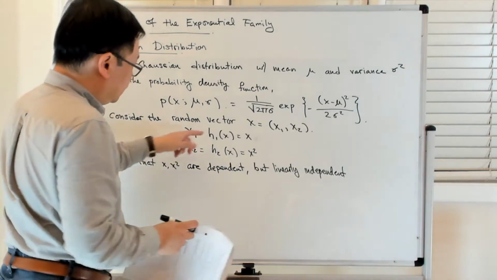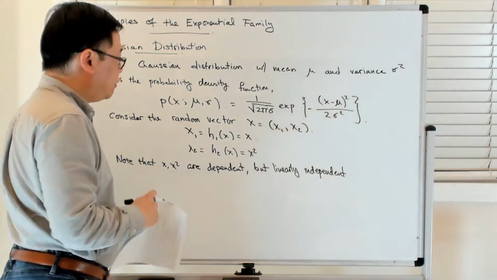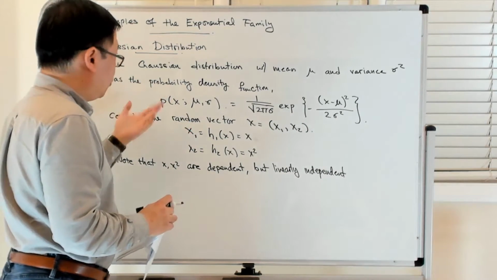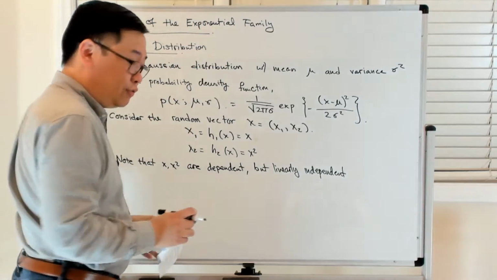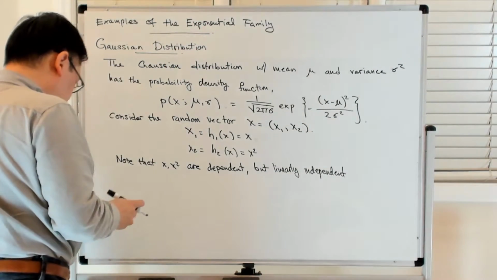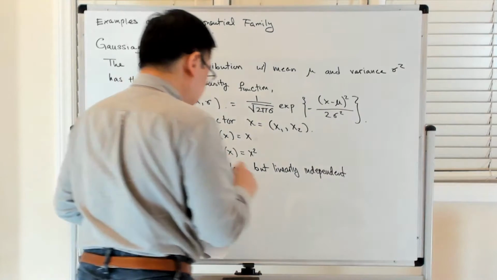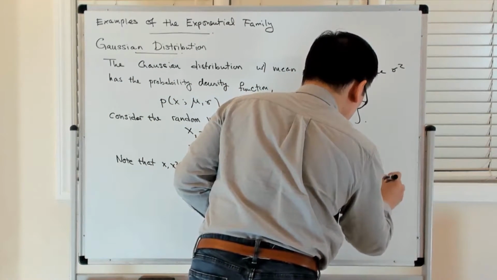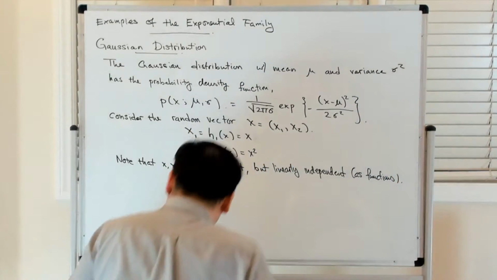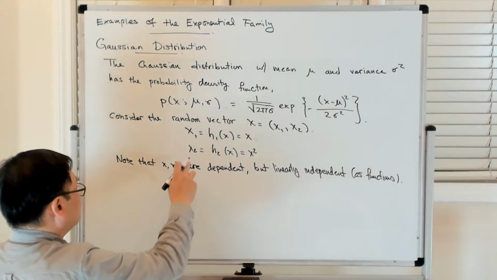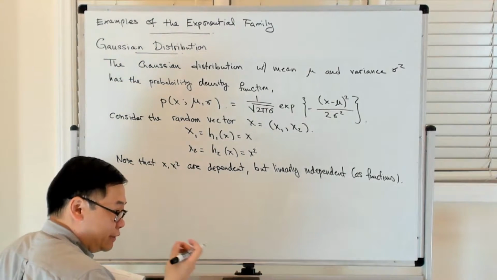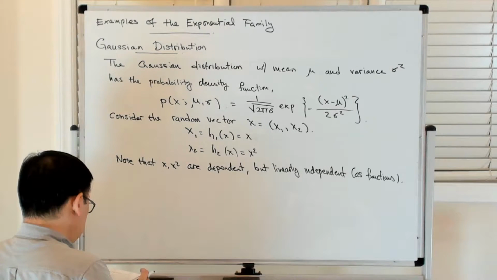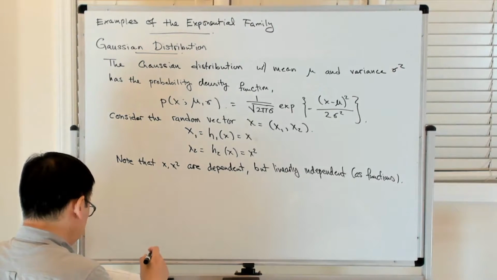The reason we've introduced h1 and h2, if you recall, is because we want to write the Gaussian distribution in the form of a member of the exponential family of distributions. So these are the functions used in the definition of the exponential family, and then we have the variables with the parameters.